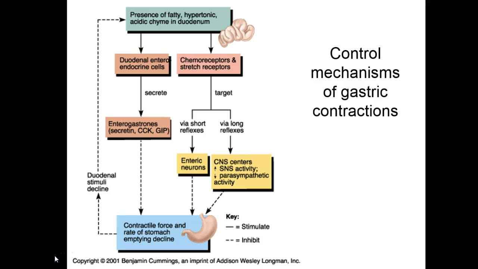And you have those stretch receptors. Those stretch receptors are going to trigger the secretion of secretin, CCK, and GIP, over there on the left, and as those get secreted, that increases the contractile force of the stomach and causes the rate of stomach emptying to decline.